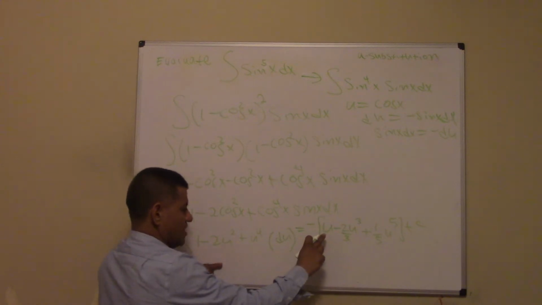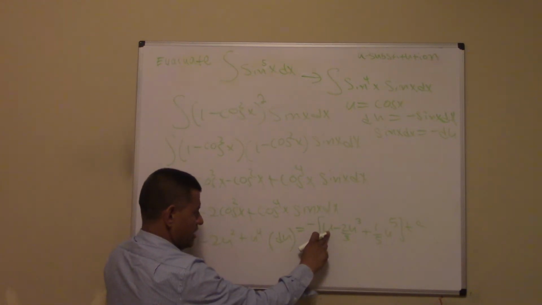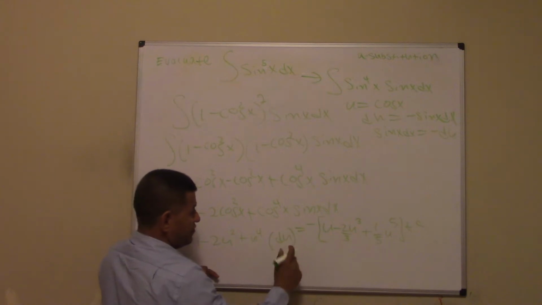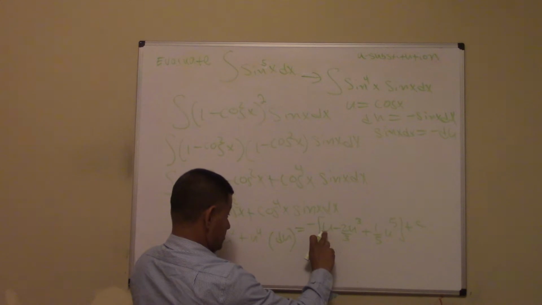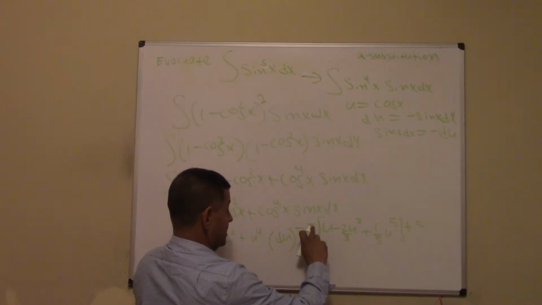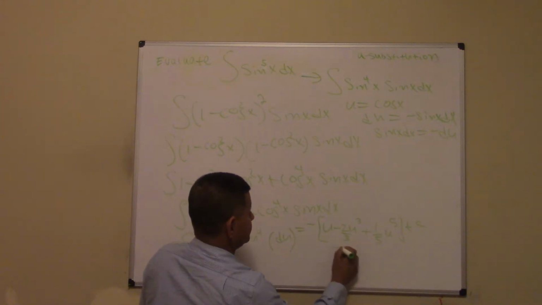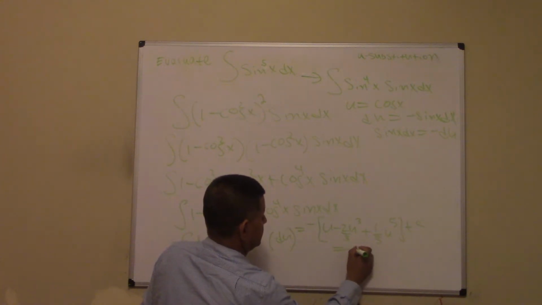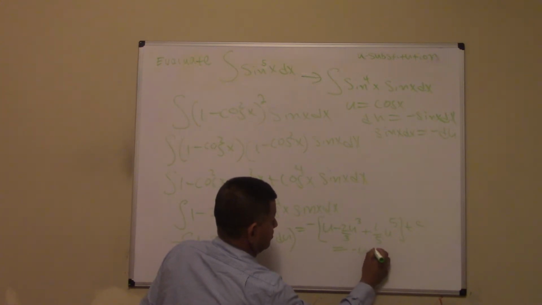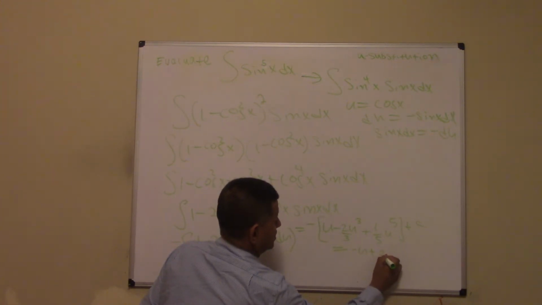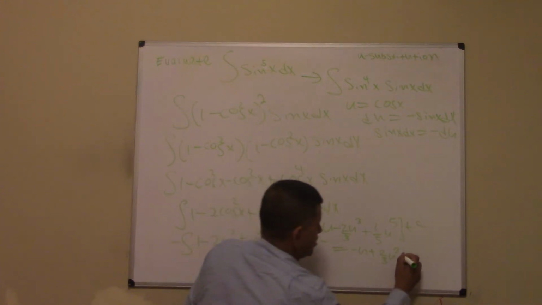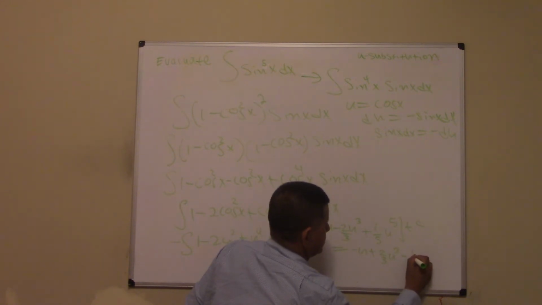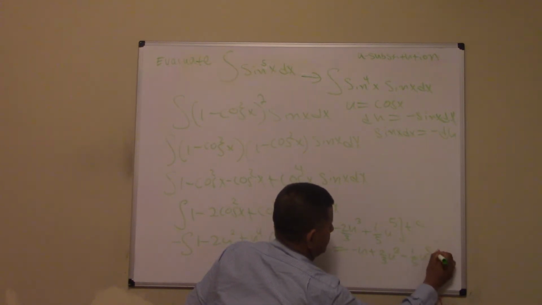Now, whatever I see as u, I have to substitute with a cosine, but before that, I will distribute the negative sign inside the bracket, and I get negative u plus 2/3 u cubed minus 1/5 u to the 5th plus c.